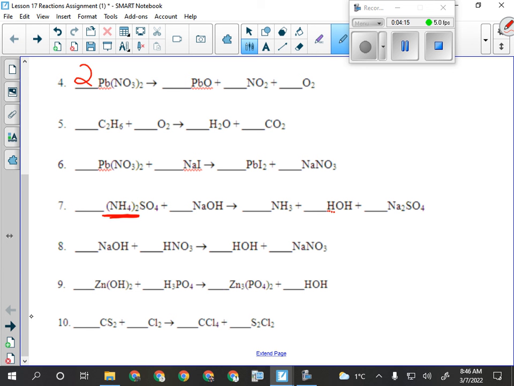In that reaction, the extra hydrogens that come off of NH4 go to the water. I would also suggest in that one balancing your nitrogens first.